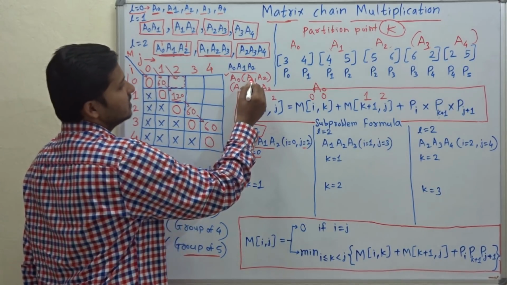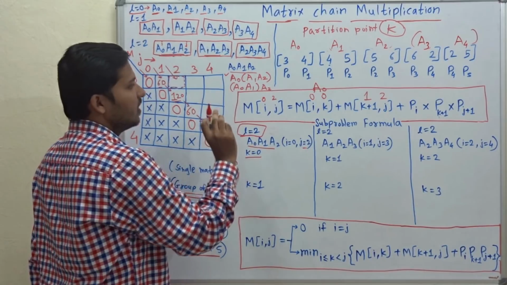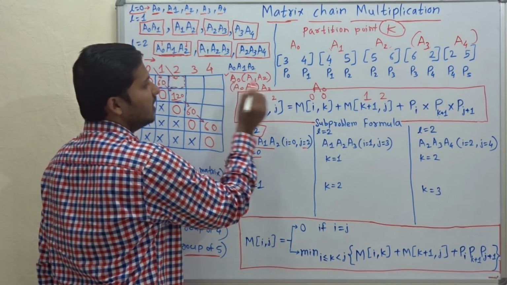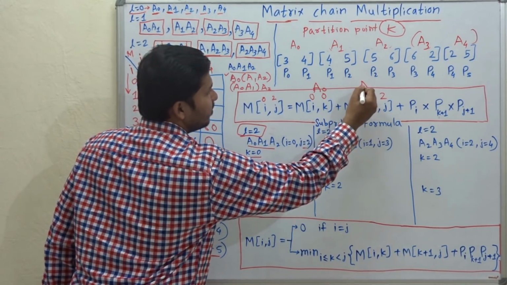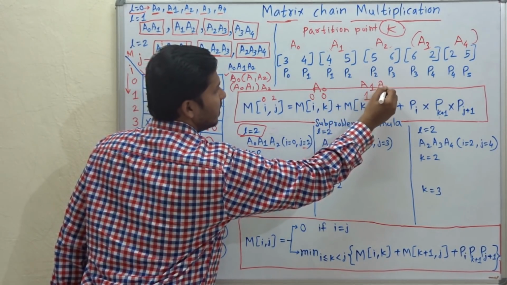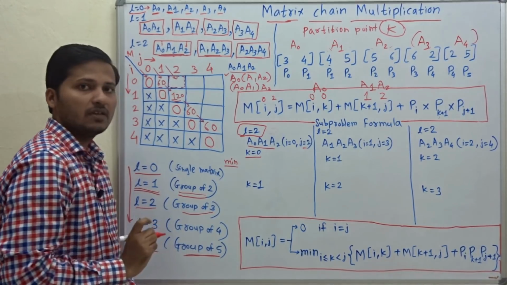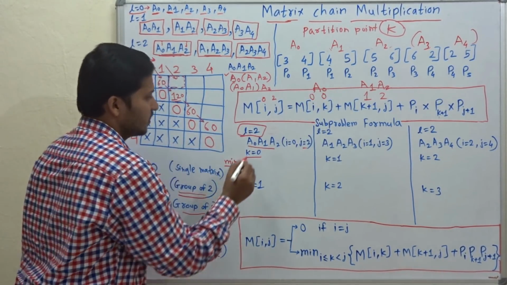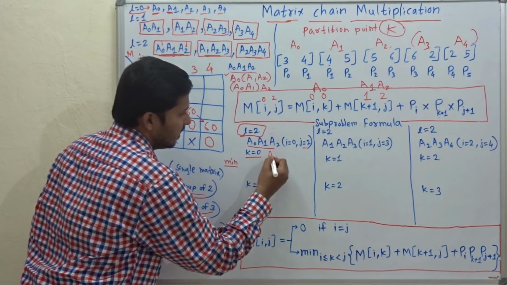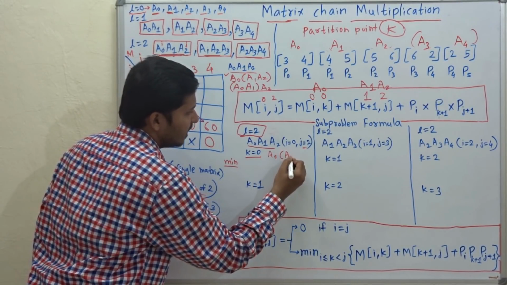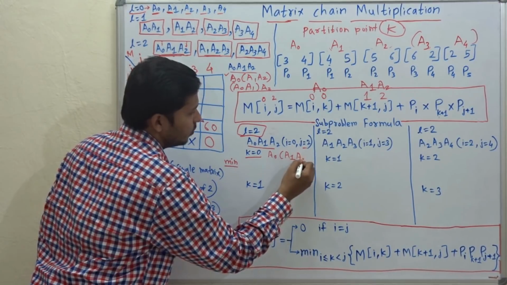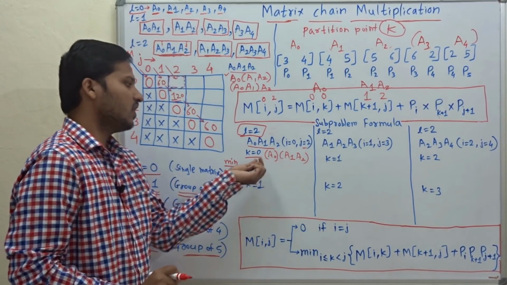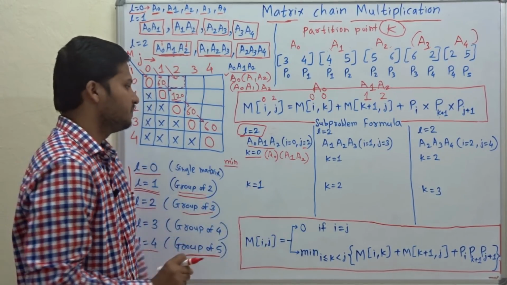So the first partition contains only A0 and the second partition contains A1, A2. In this way we found out our first partition. If you want, you can give bracket to A0 also, means this is one partition, this is second partition.